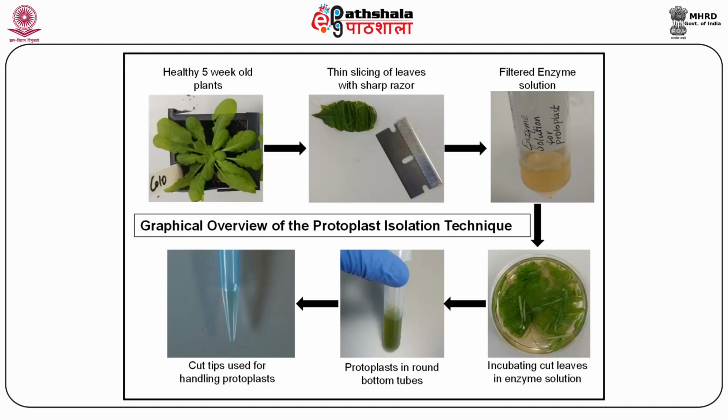Then you incubate them for a few hours, and the cut leaves give you protoplasts, which can then be isolated with the help of cut tips and transferred to whatever your next steps are, whether you want to fuse them or grow them into plantlets. So this is the technique for protoplast isolation.